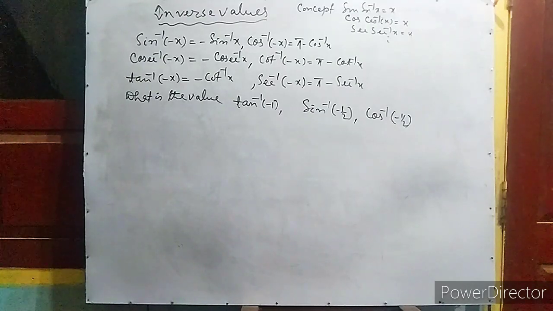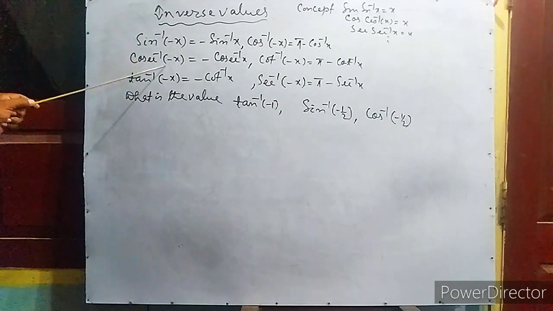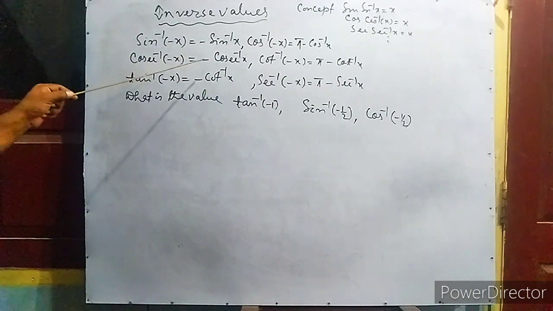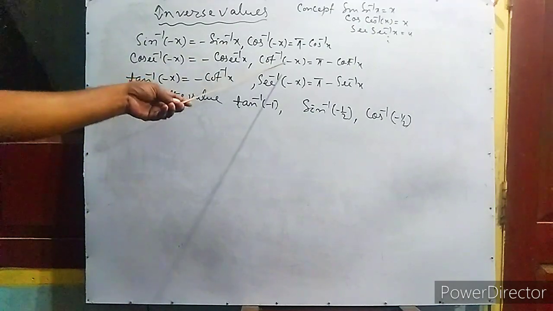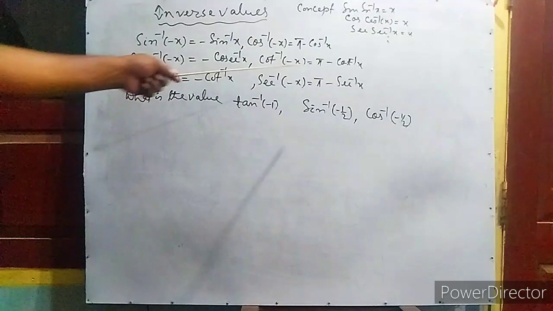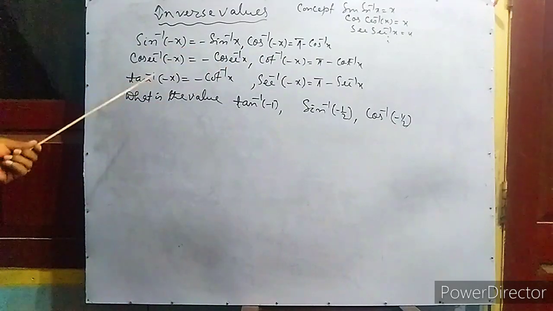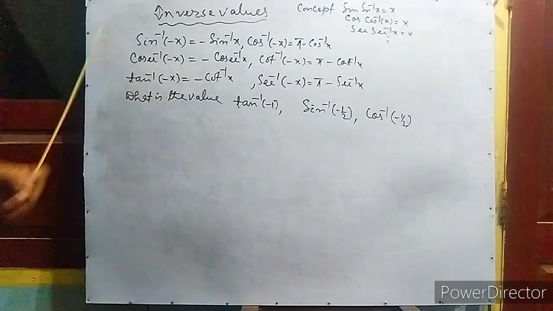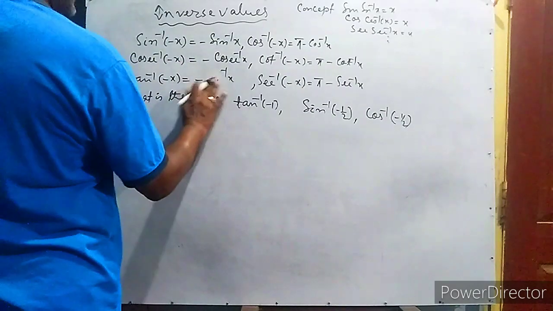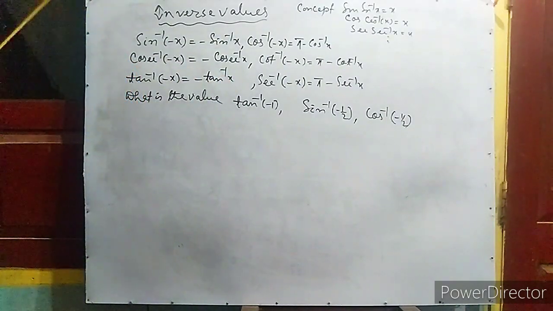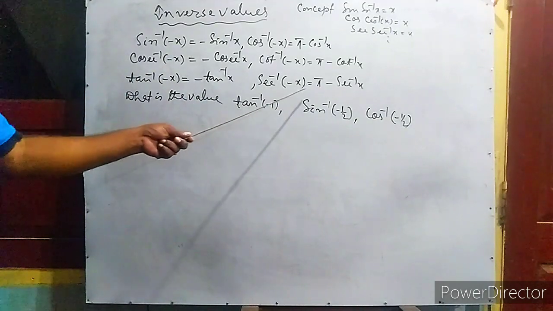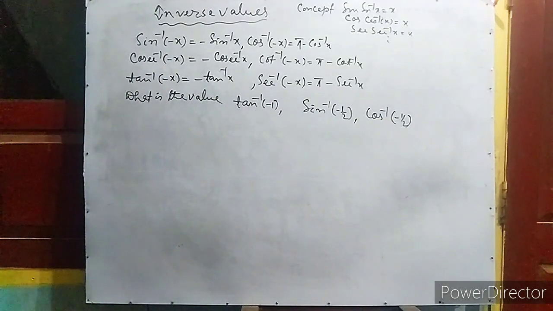Cosec inverse minus x equals minus cosec inverse x. But instead of cot inverse minus x, you write pi minus cot inverse x. Tan inverse minus x equals minus tan inverse x. And sec inverse minus x equals pi minus sec inverse x.